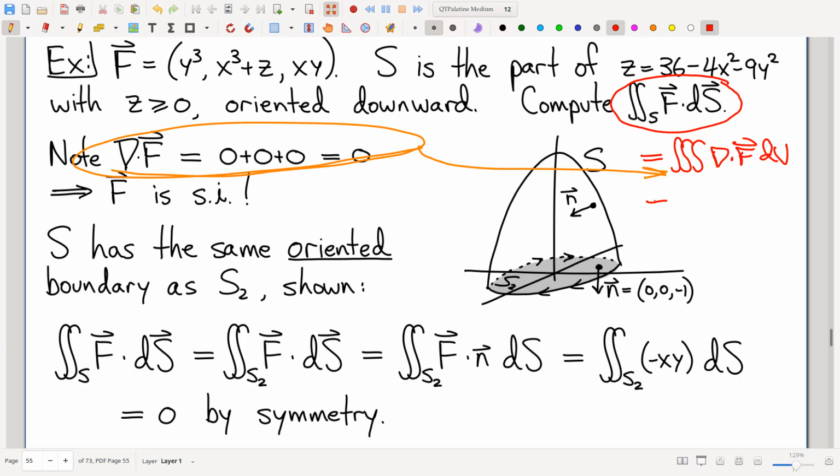And that means that we're doing a triple integral of 0, and therefore 0. And some students will write this and proudly move on to the next page. And it is a catastrophe.